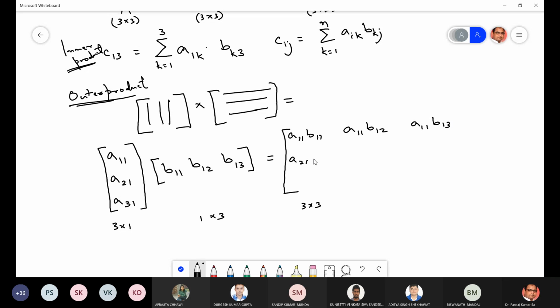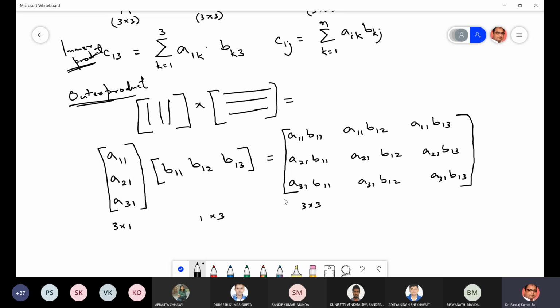A21 B11, A21 B12, A21 B13, A31 B11, A31 B12, A31 B13. This is for one column and one row. This is what we have got.